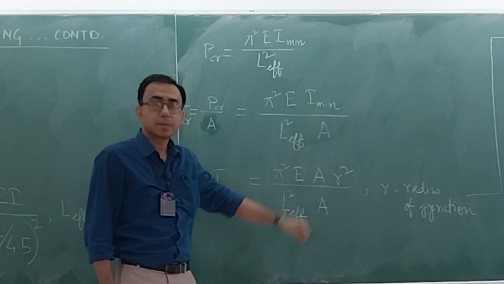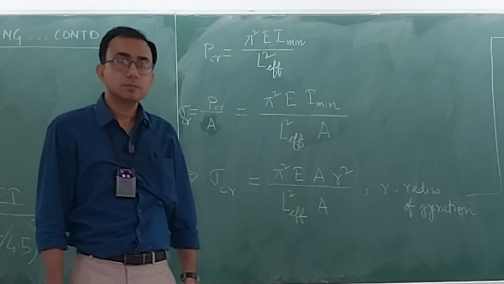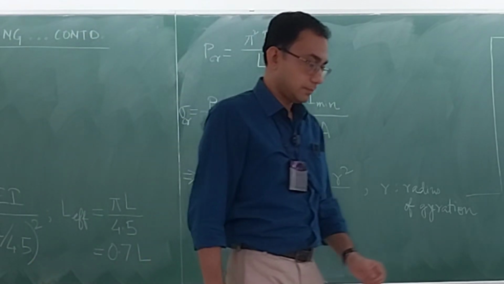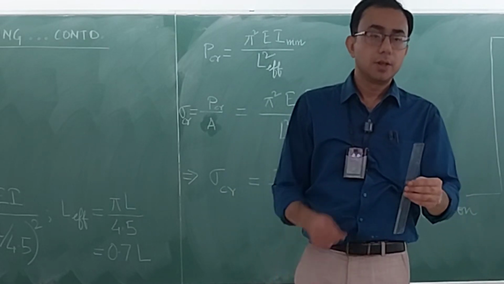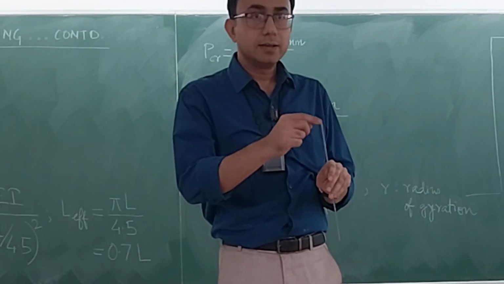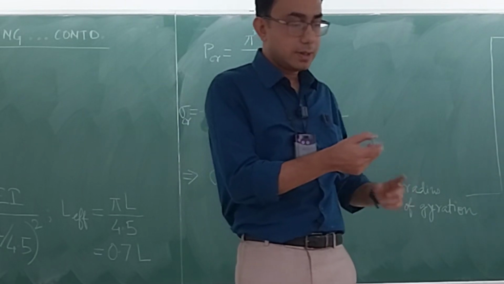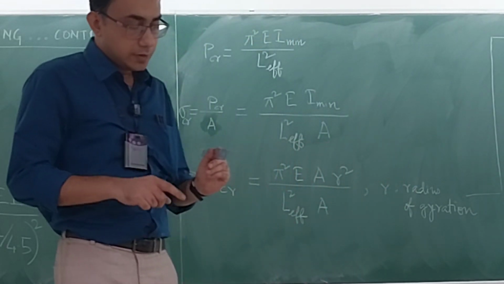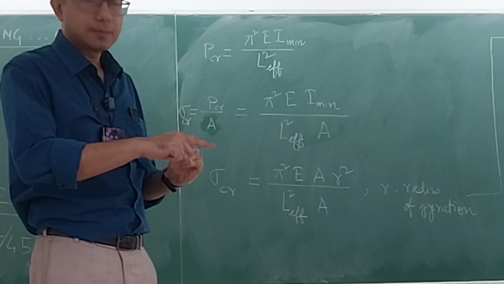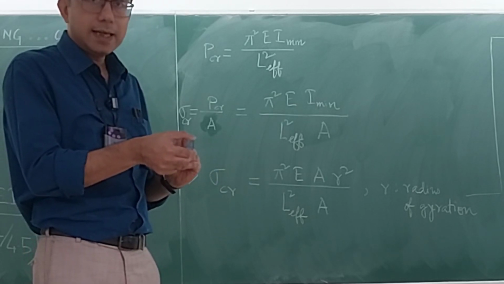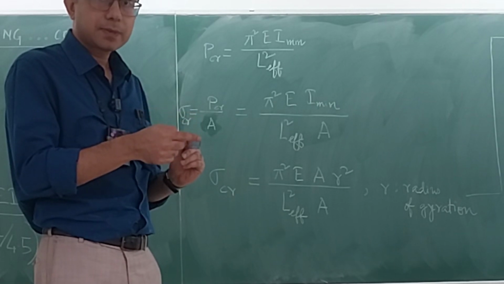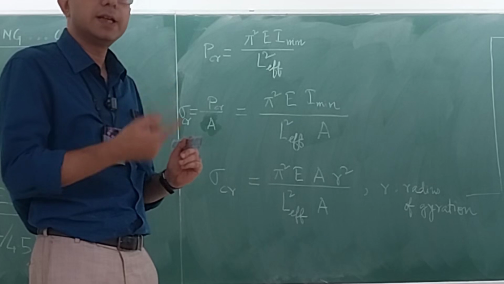Can you show which direction the I is, for the scale? This one, because if I take the axis like this, then the I will be like this, about this axis. So it becomes very high.